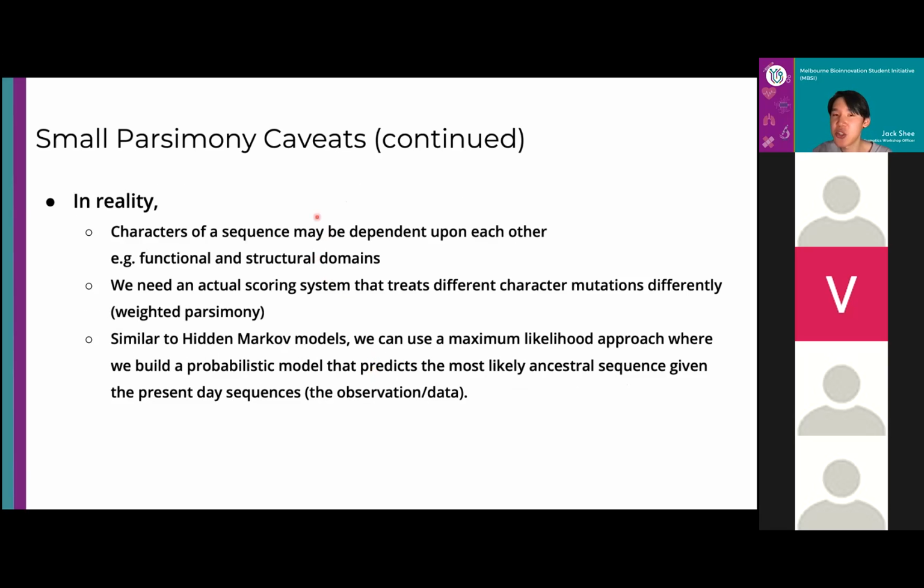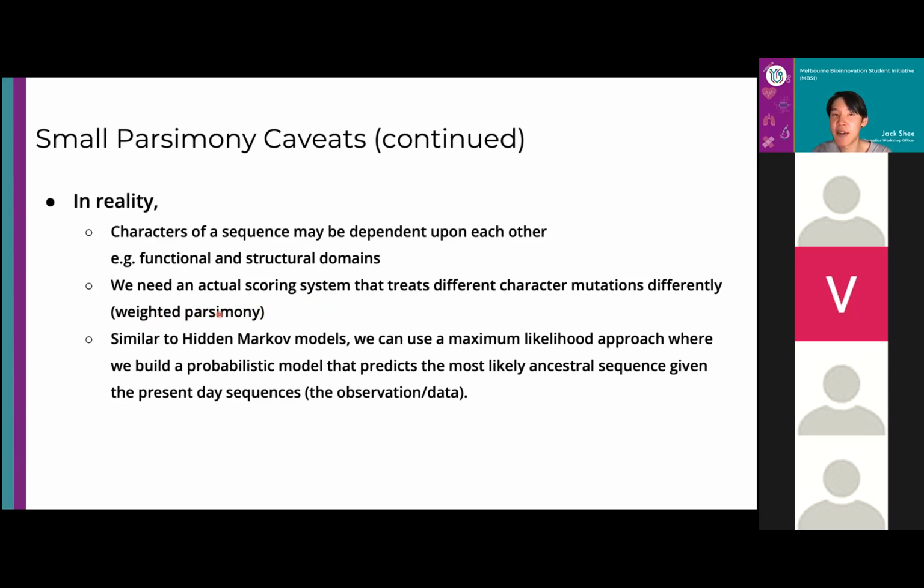So as I've just mentioned, we've assumed that characters of sequences are independent of each other, which may not be true. We can use an actual scoring system that treats different character mutations differently. So if you recall back to workshop 2, when we were looking at aligning protein sequences, different amino acids, when matched together, may actually contribute towards different scores because certain amino acids may be more likely to mutate, etc. So the idea behind this weighted parsimony is the same.